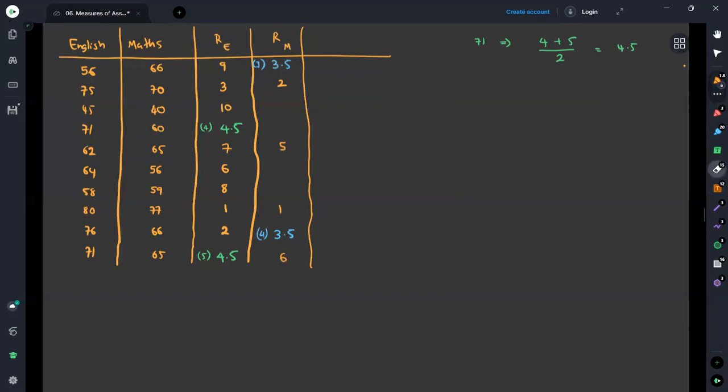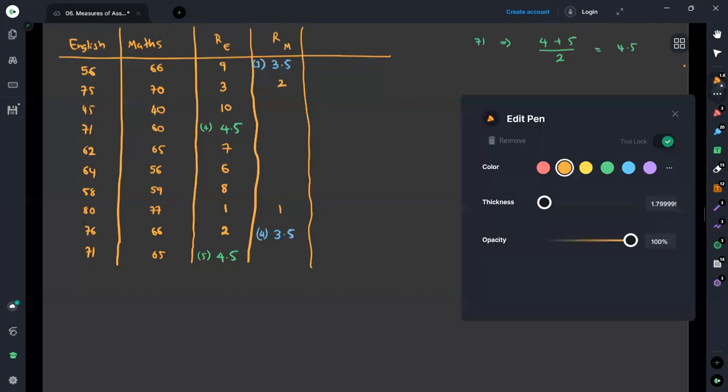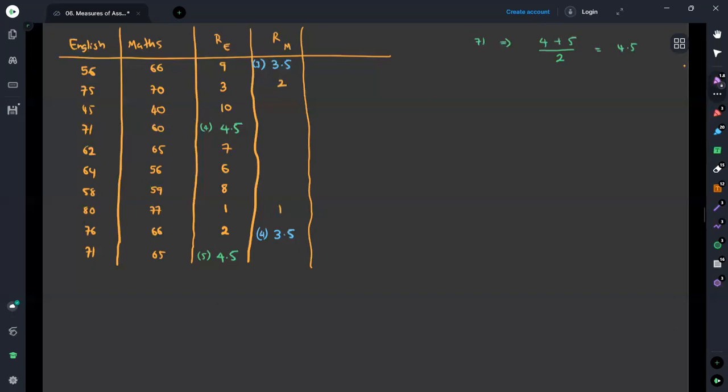Again, this cannot happen. Therefore, instead of 5 and 6, we need to use a tied ranking. We take the average for 65. We have the ranks 5 and 6, so we get 5.5.